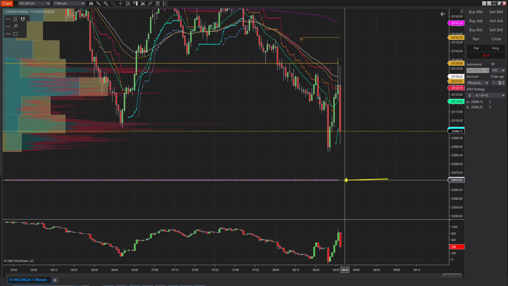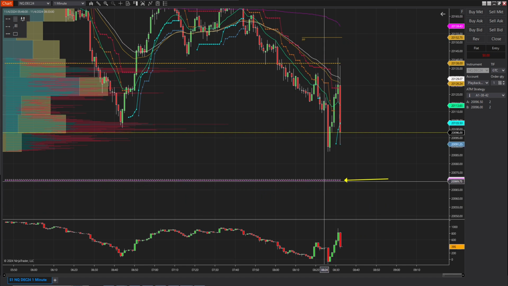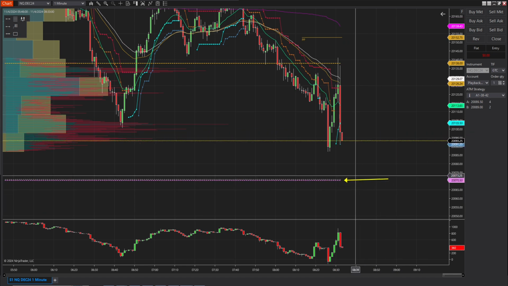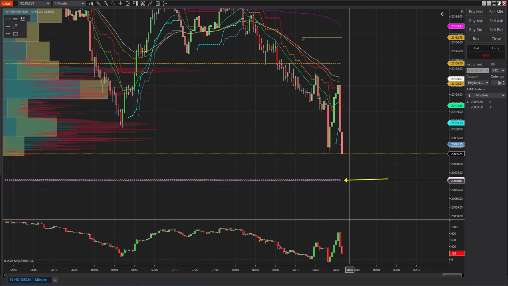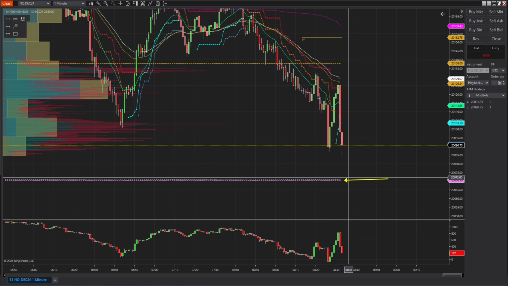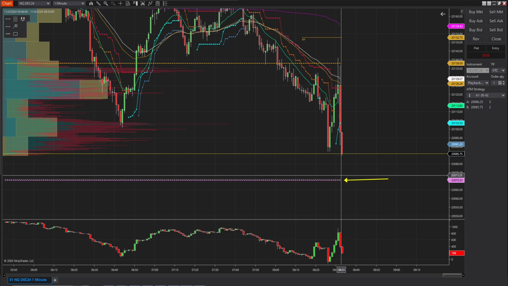This line so far is the current daily low, and that can provide a good support if you want to take a chance and go long there.